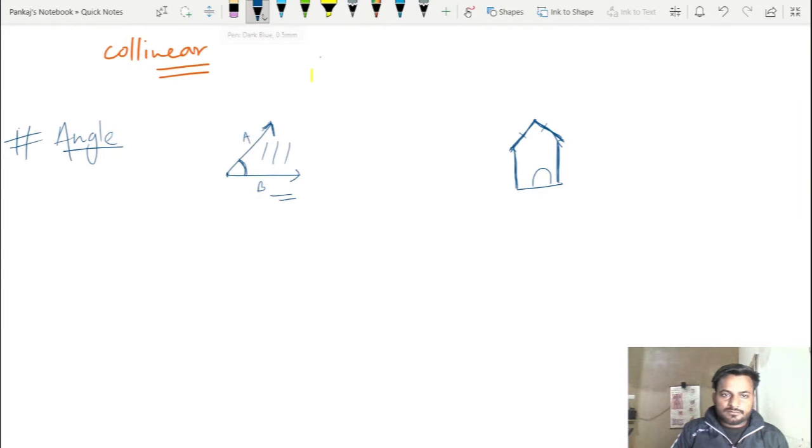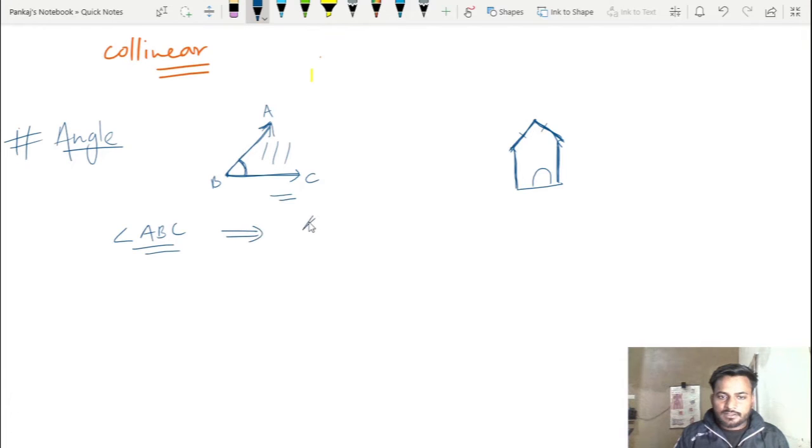To be more clear, let us take these ends as A, this is B, and this is C. These two line segments of this angle are called the arms of this angle. Let's say angle ABC.